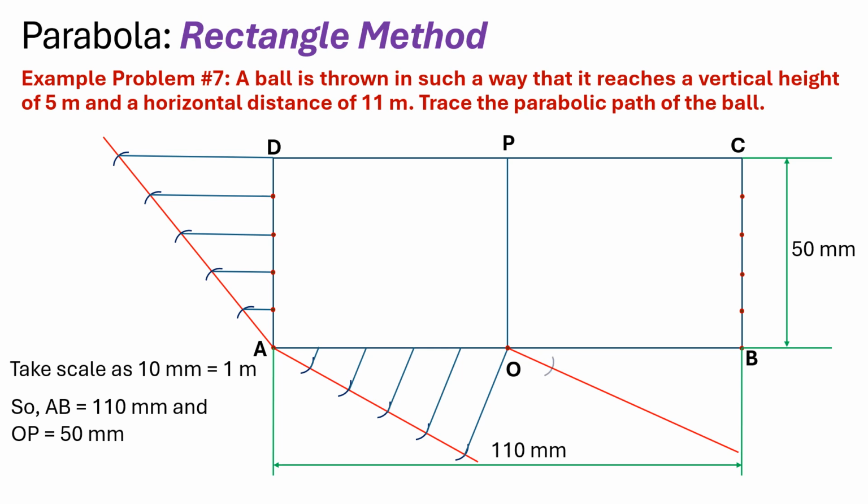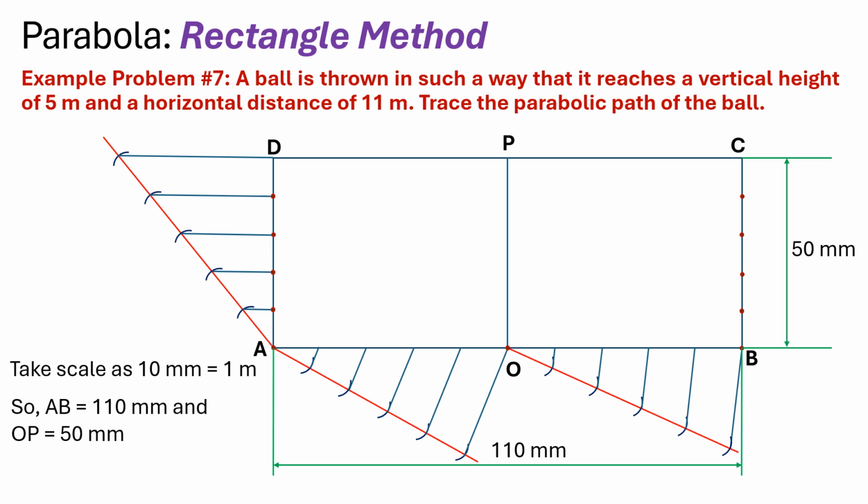Likewise for OB also, we take this line and then we take arcs of equal radius on this one, 5 equal arcs, join the last one with B, and then draw lines parallel to the first one from other points.